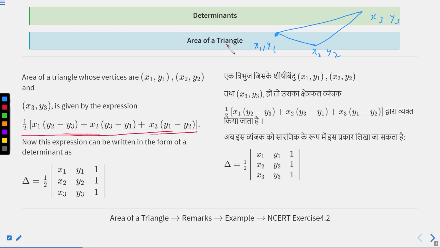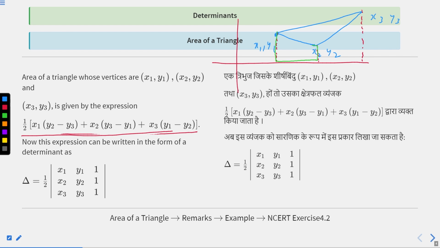If this is your Cartesian plane, you will see trapeziums forming.